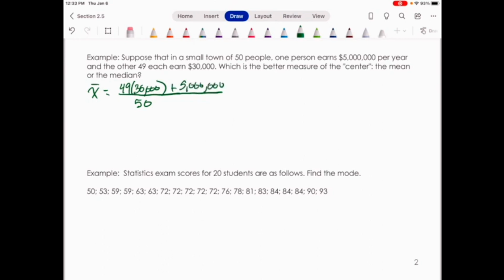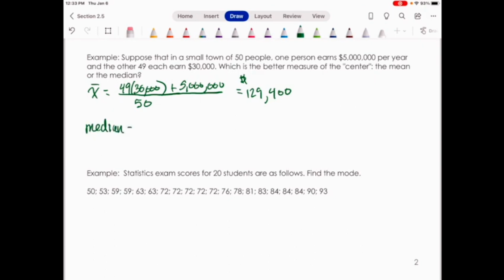And then I would add in the 5 million. When I find that average, I'm going to get $129,400 for their yearly salary. Because that 5 million is thrown in there, it's throwing the mean way off.